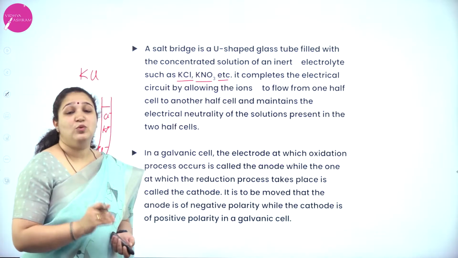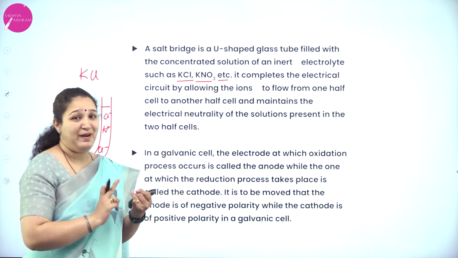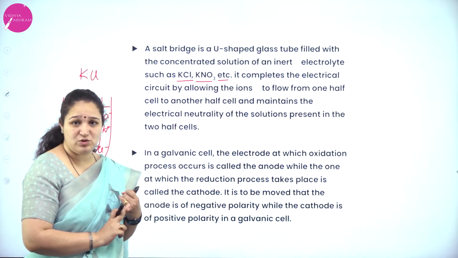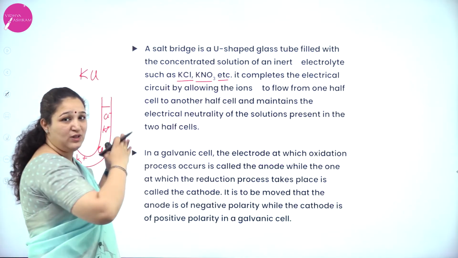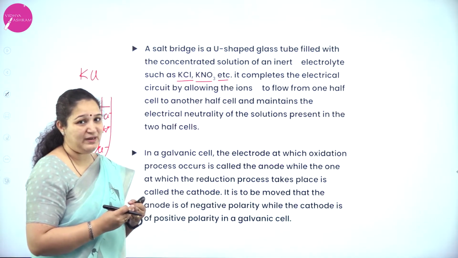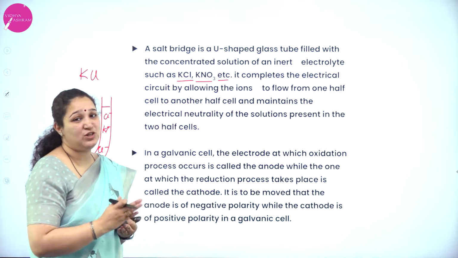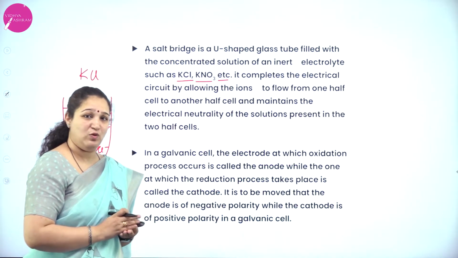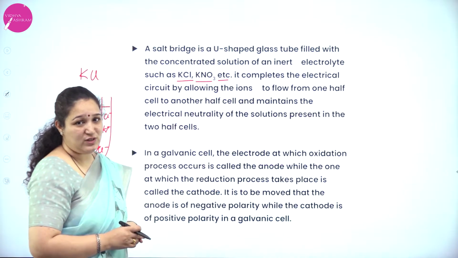So what is the main function of the salt bridge? The salt bridge maintains the electrical neutrality of the solution. It allows the ions to move to the respective electrode so that the neutrality can be maintained, and also it prevents what is called the liquid junction potential. So it is very important to complete the circuit for us.